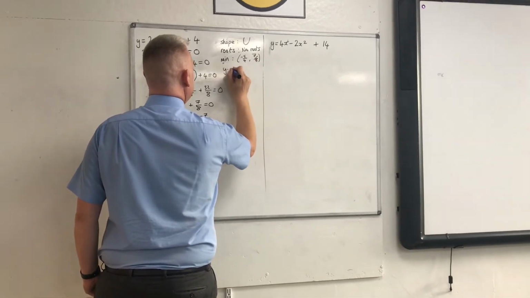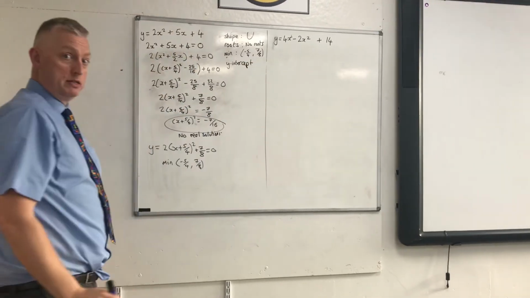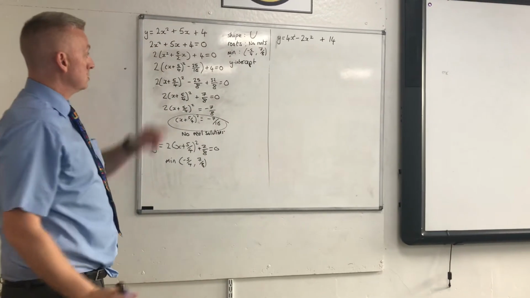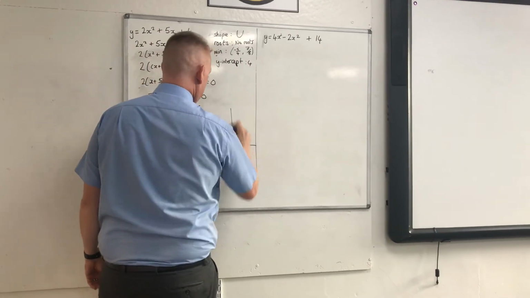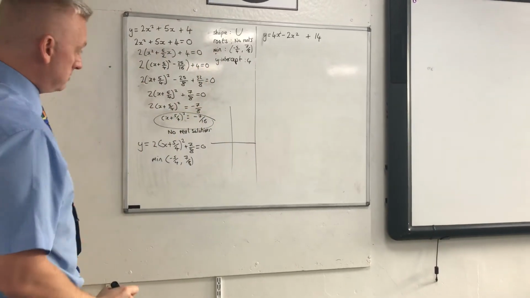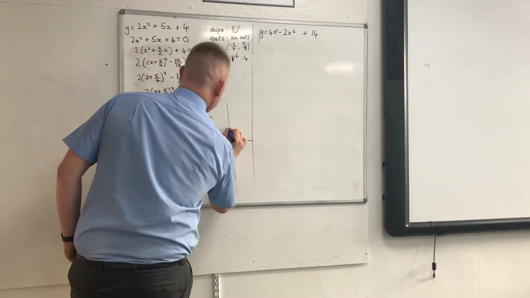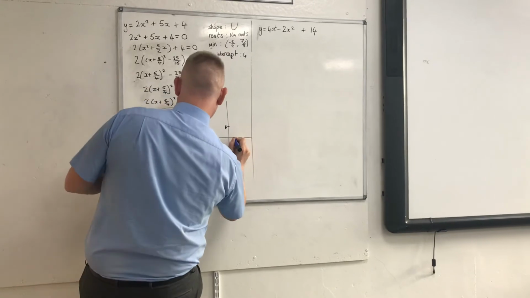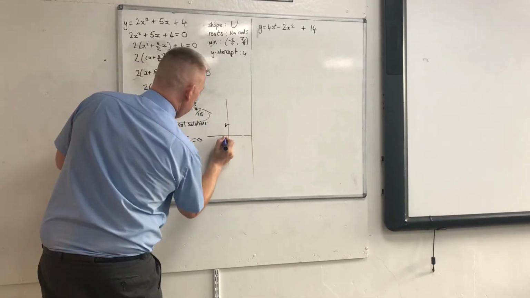And then the y-intercept, well, that's the easiest part, that's the most fun part, it's just 4. Then we sketch. I've not left a lot of room here, I've left some for this other one. So I put 4 there. It's going to have a minimum at negative 5 over 4 there.